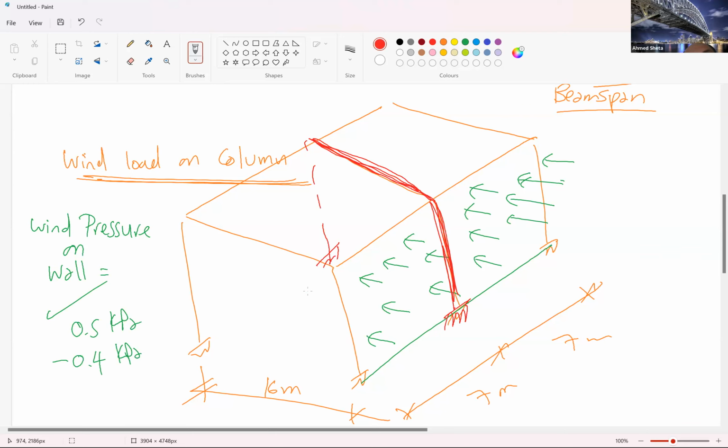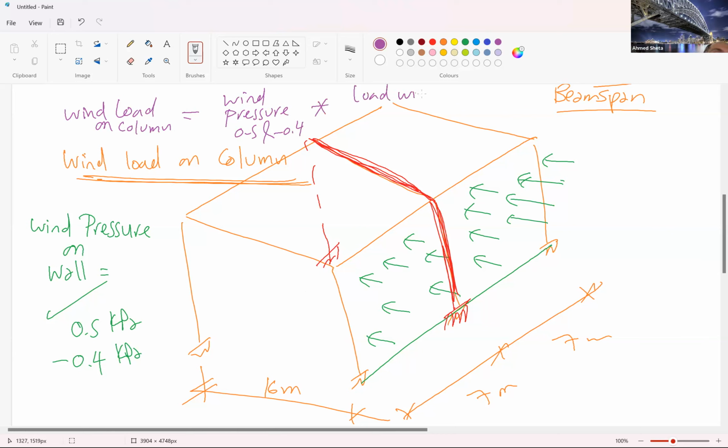Yeah, that's why I'm explaining, to make sure that you all understand, because the common mistake is here as well. So, the wind load on the column: can anyone mention what the wind load on C1, the intermediate column, is? It will be the values of the wind pressure you got, 0.5 and negative 0.4, times the load width.